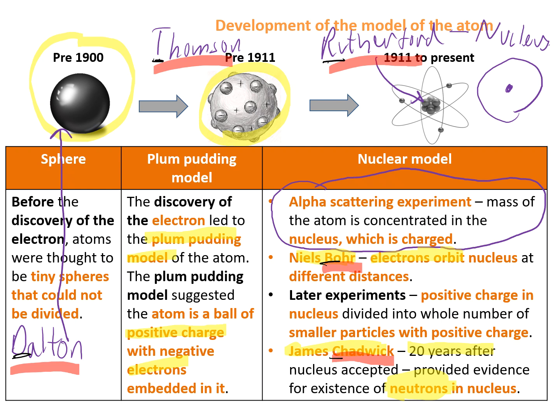So it goes from a sphere to a plum pudding model to a nucleus model, and then the electrons added on, and then the neutrons.